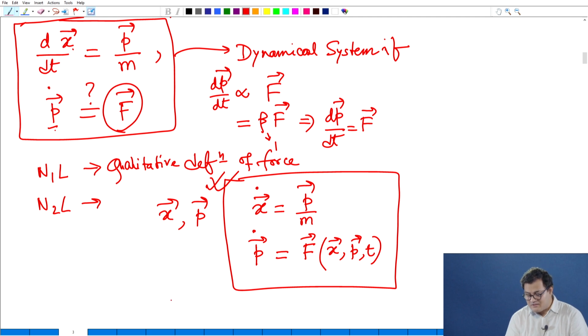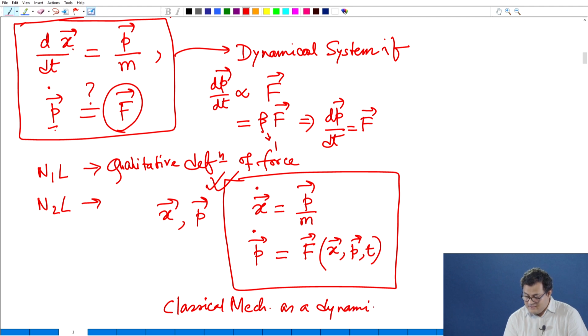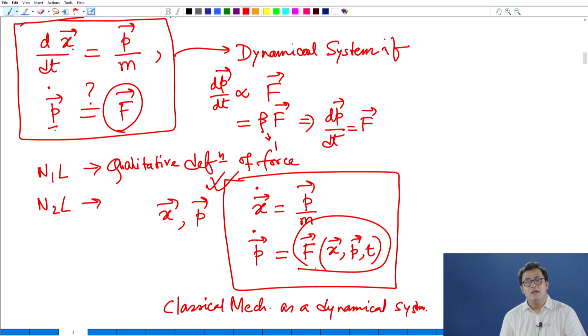That helps us in understanding classical mechanics as a dynamical system. If this f contains a variable which is not x, p or t, then I cannot call this a complete dynamical system.